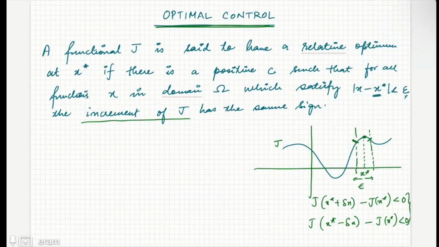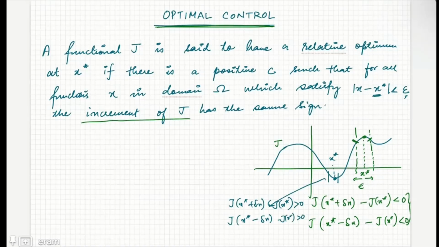What about this point? If we see this point over here, or let's say this minima point, if we have a relative optimum over this point x star, then we can evaluate the neighborhood, the increment. In that case we have j of x star plus delta x minus j of x star, so it should be greater than 0 on both the sides if we evaluate.